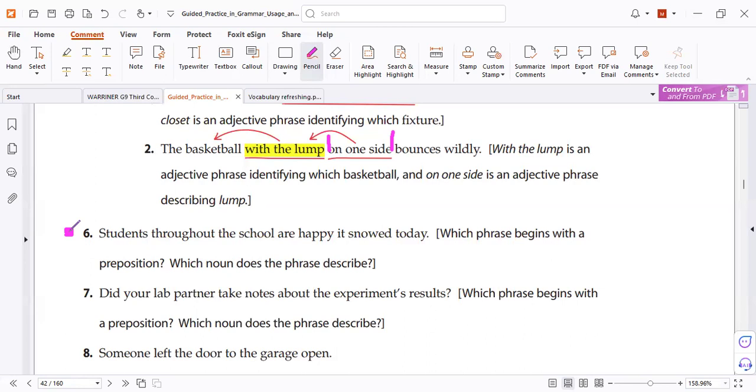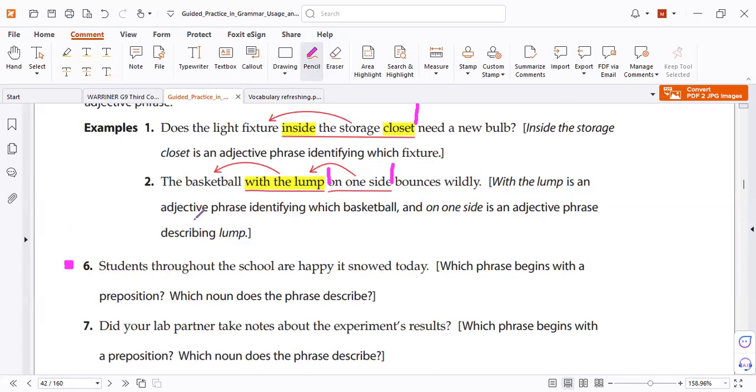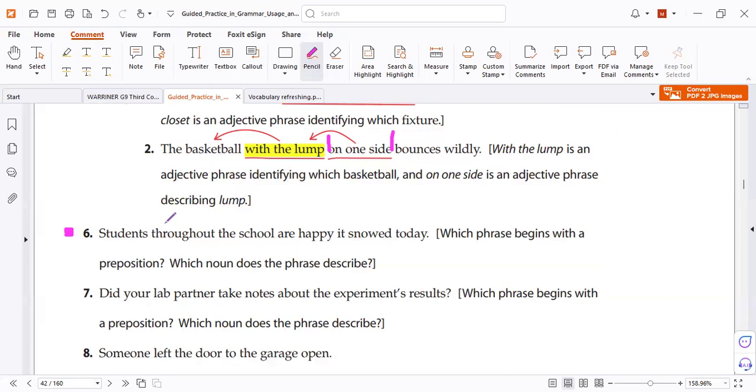Let me help you. The beginning of the phrase starts with a preposition. So you must find the preposition first. This is a preposition, because that is the beginning. What is the end? The end here? There? Here? No, the verb. When you find the verb, the phrase stops.